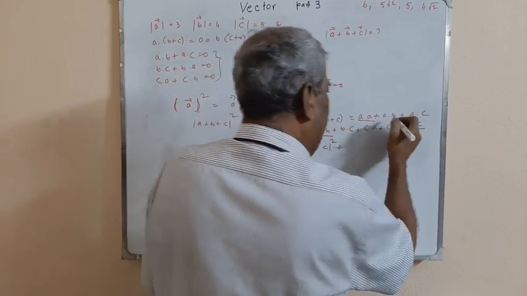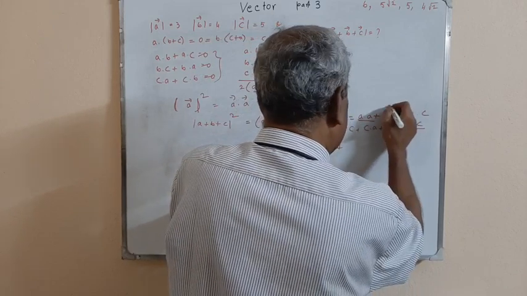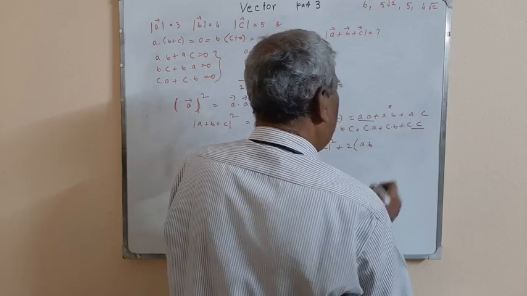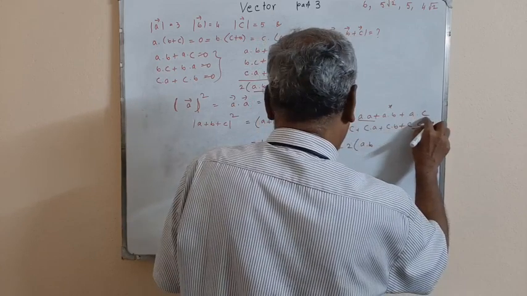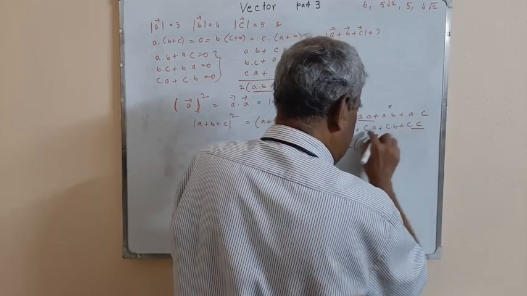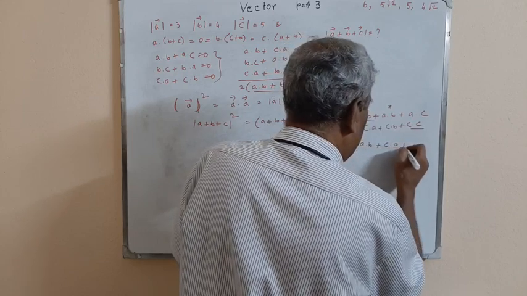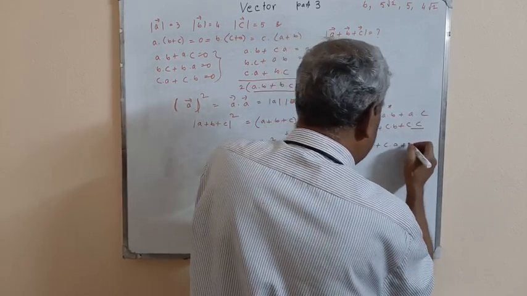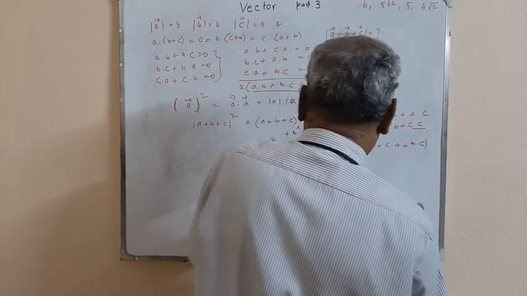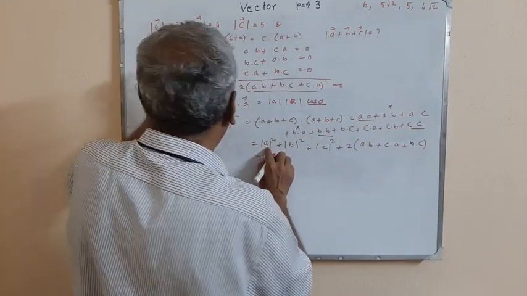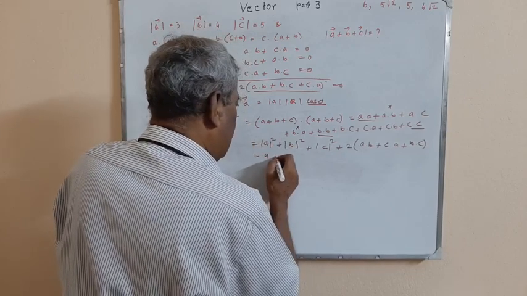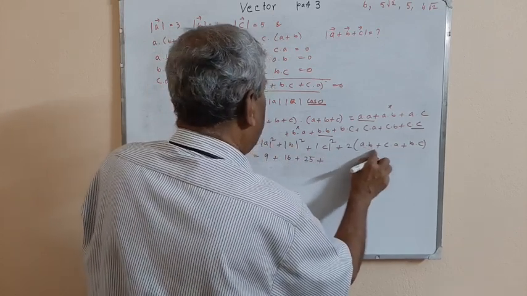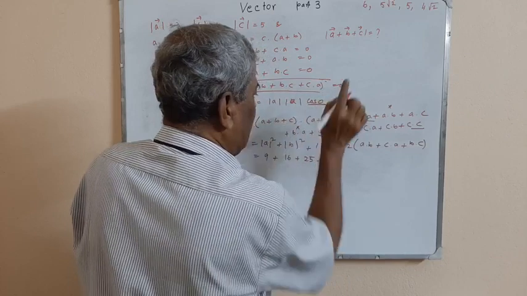A dot B and B dot A together are 2 A dot B, A dot C and C dot A together are 2 C dot A, and B dot C and C dot B together are 2 B dot C. Now magnitude A square is 3 square, that is 9, plus 4 square, 16, plus 25, plus 2 times (A dot B plus B dot C plus C dot A), which is 0.